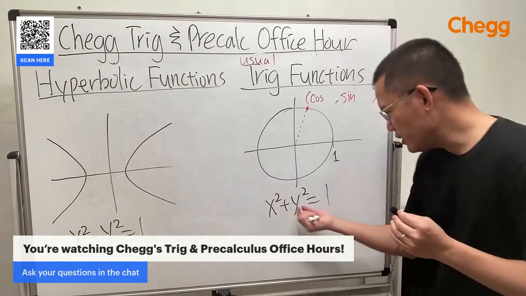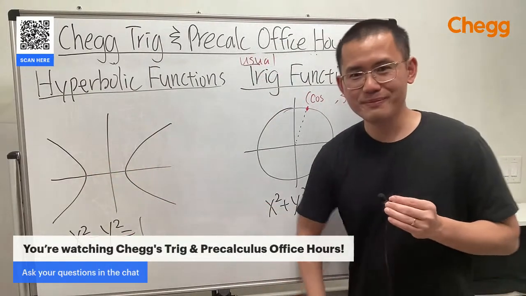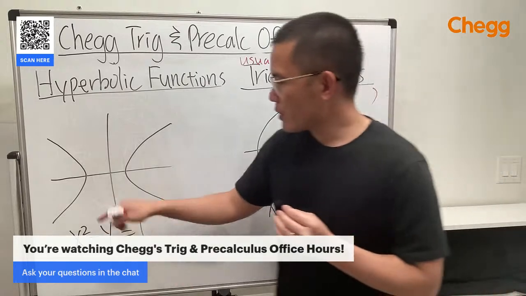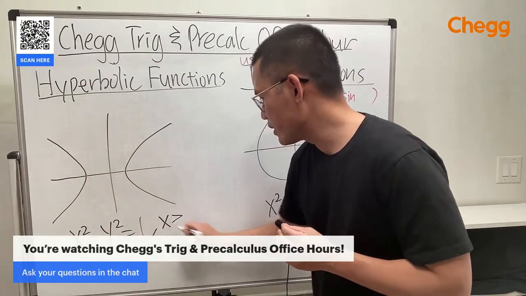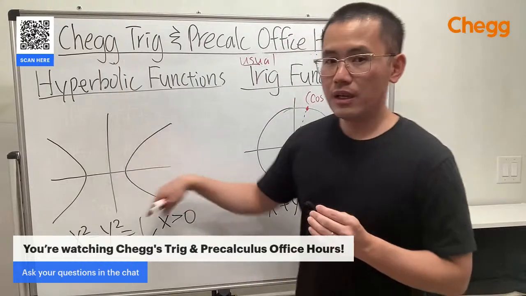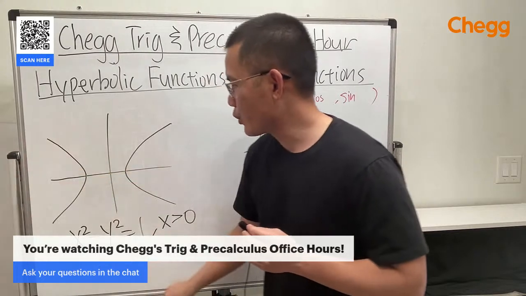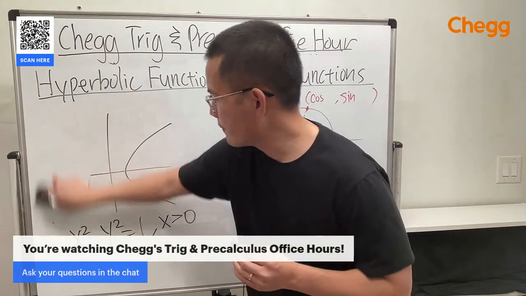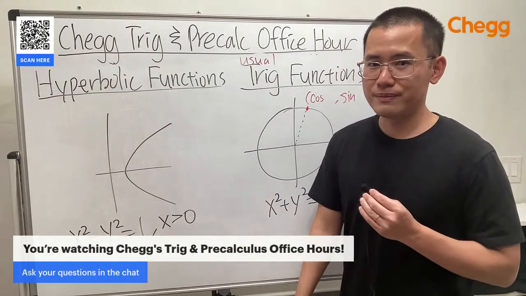You see how we just changed from the plus to a minus and we get this graph instead? Pretty cool, huh? Now, we are not going to look at the left-hand side. We just want to focus on when x is greater than 0, because otherwise we have to make the jump. So I'm just going to erase this part.